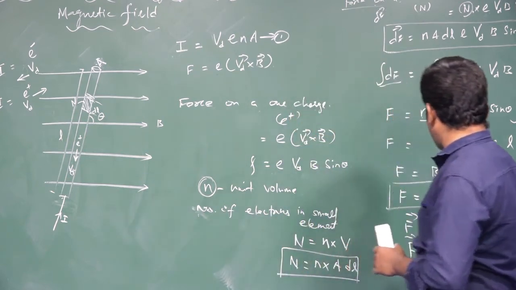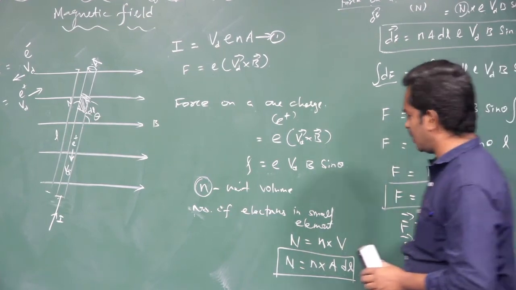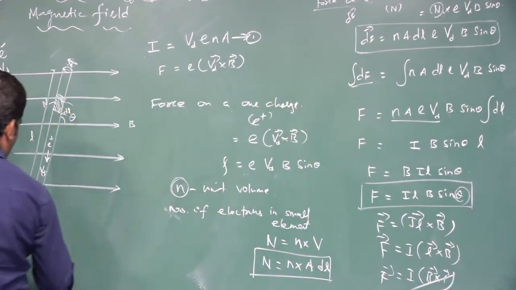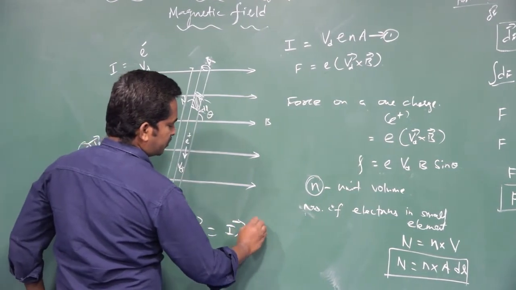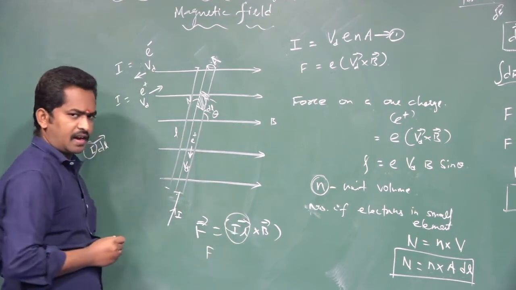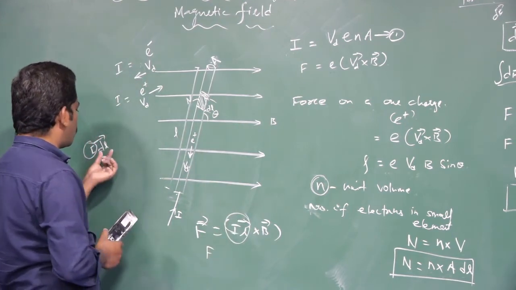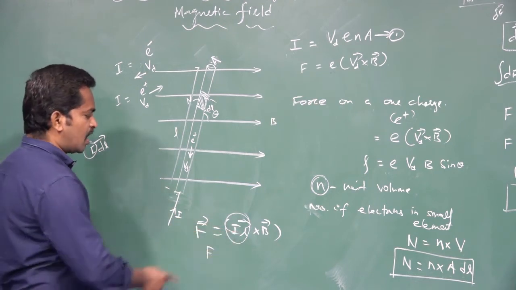Here F vector is equal to I into L vector cross B vector, or F vector is equal to IL vector cross B vector. IL is a current element: how much current flows in length dl is called the current element, IL vector.